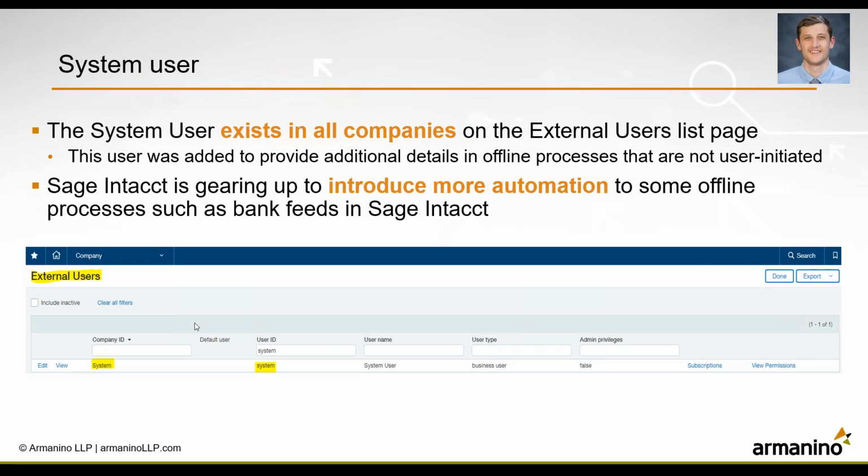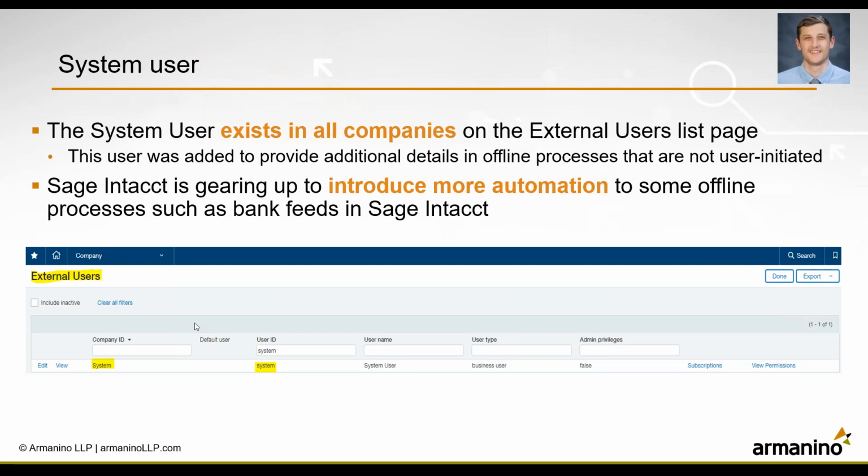And then finally, in company administration is the system user. So this is a new user you might have seen on the external users page. It exists in all companies. Basically, this user was added in this release as a way for Intacct to provide additional details in a lot of the offline processes that are not going to be user initiated on your side.